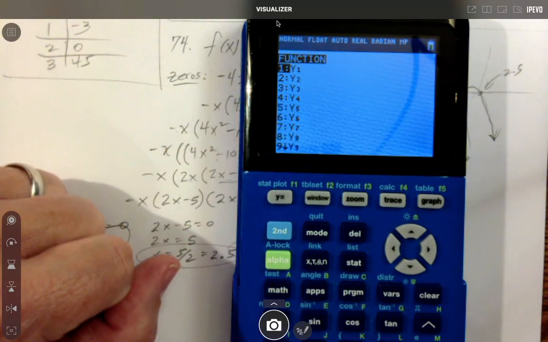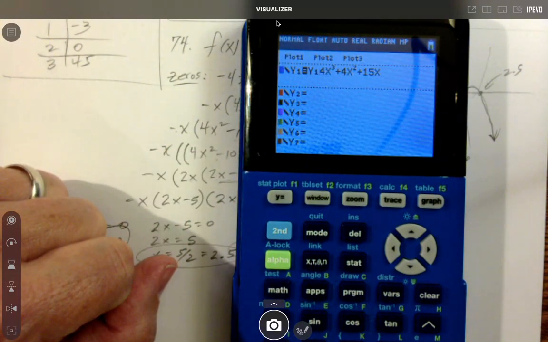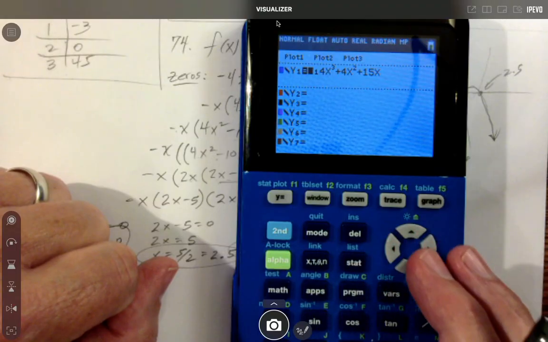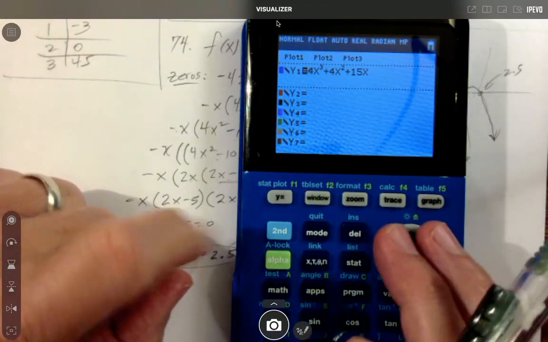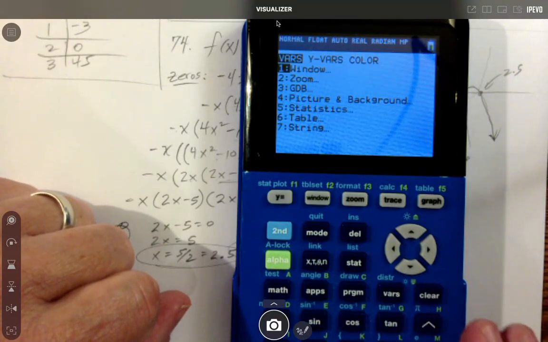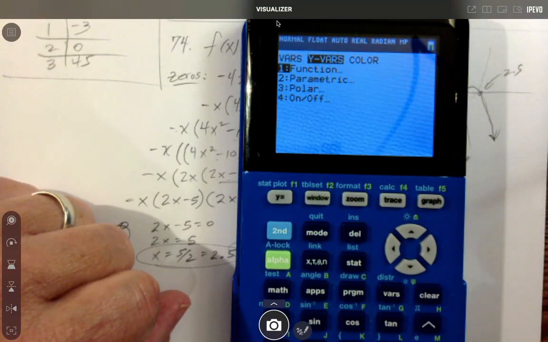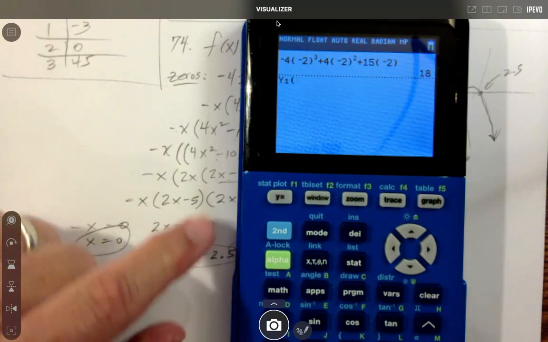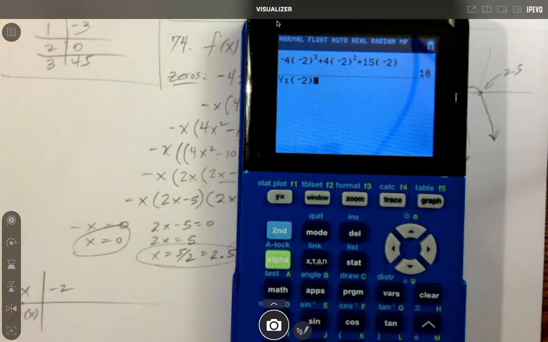So that's y variables. And then choose function. And then choose y1. Oops, I didn't want to put it there. Doggone it. Let me delete that. Try that again. I want to do this from the home screen. So again, I press vars. I go over to y vars. I choose function. I choose y1. And then in parentheses, I put what I want to plug in, negative 2.